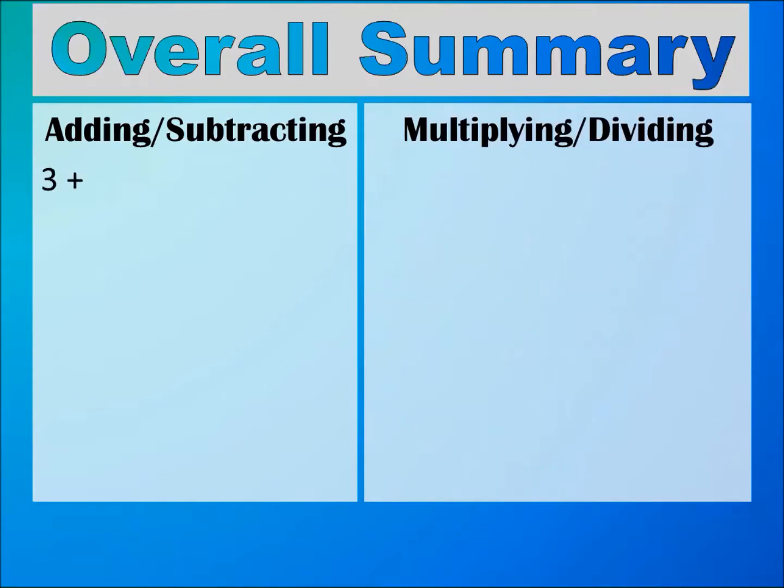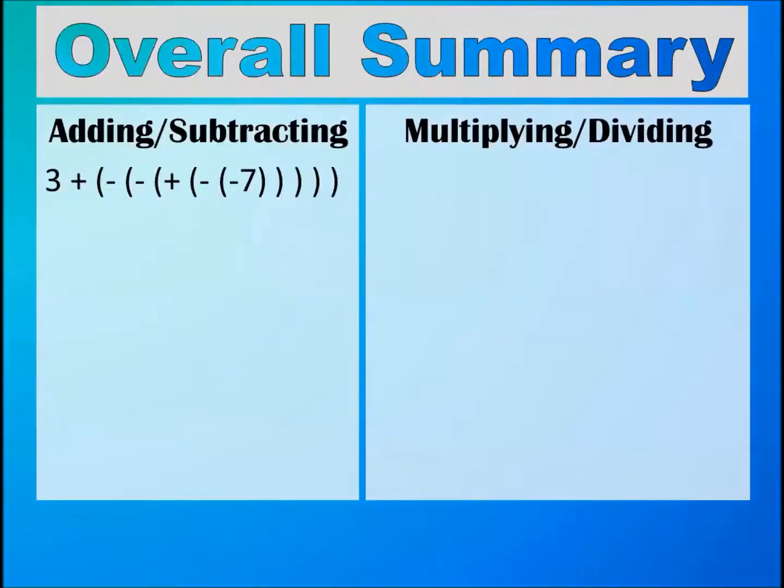Suppose I have 3 plus negative of, positive of, negative 7. I would like to see what operation will sum up all of these plus, minus, minus, plus, minus, minus. Will they ultimately be adding or ultimately be subtracting?